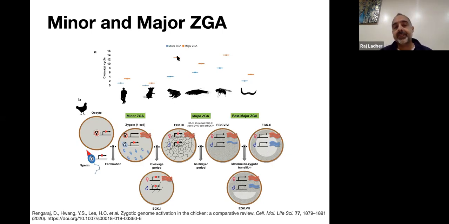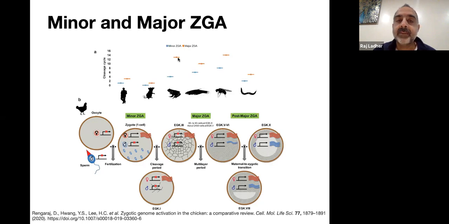And so this disparity, I'm sure, reflects the ecology of the embryo and how where it's laid, what events have provided some evolutionary pressure to the embryo.